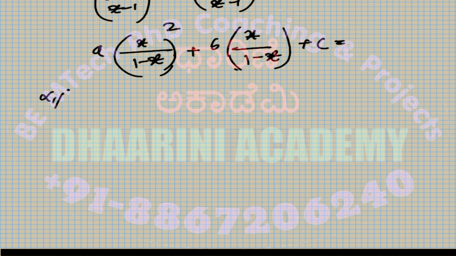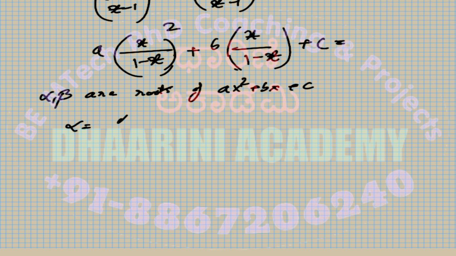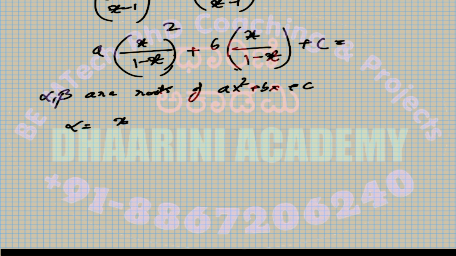Alpha, beta are roots of ax square plus bx plus c, right? So instead of x, I can see x by 1 minus x square. So alpha should be equal to x divided by 1 minus x. And beta is also the same thing. Beta is also equal to x by 1 minus x.